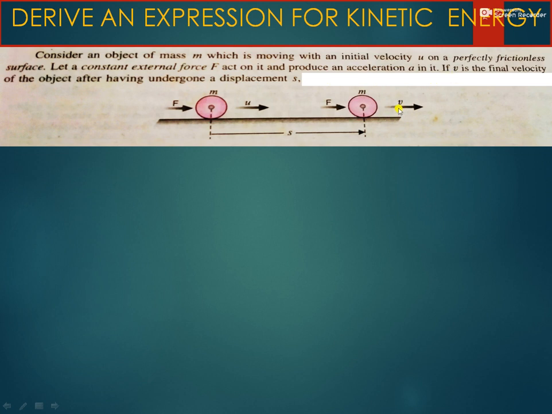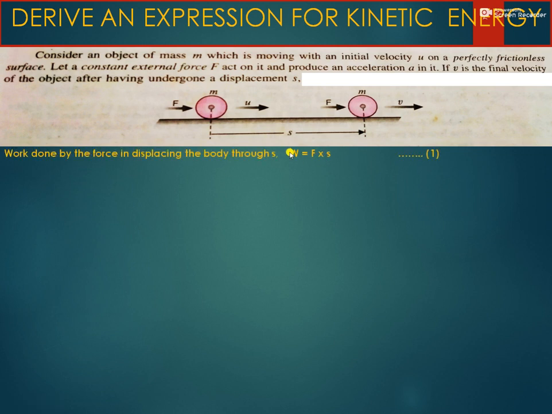If v is the final velocity, the object has moved and reached the final velocity v, having undergone a displacement s from this position to this position. Using this information we are going to derive an expression for kinetic energy.